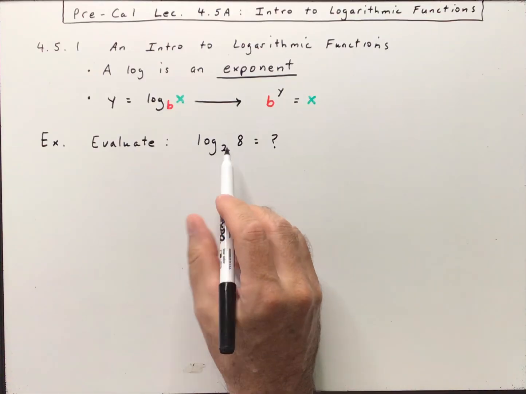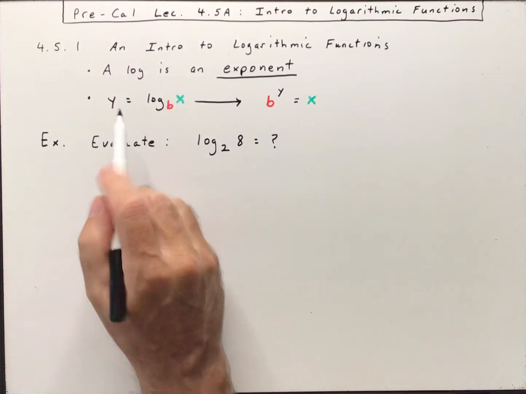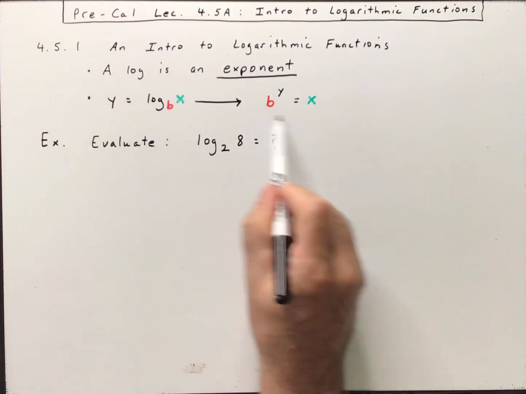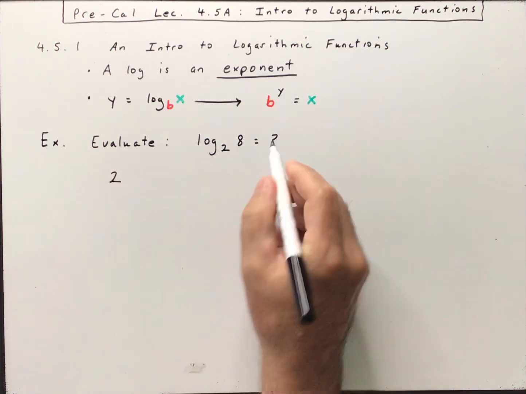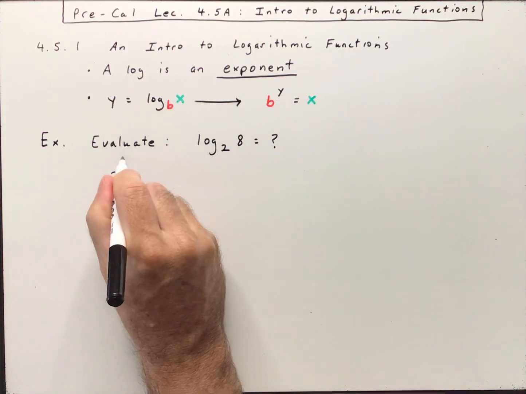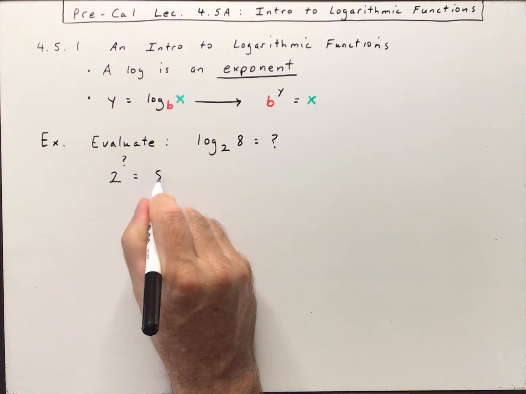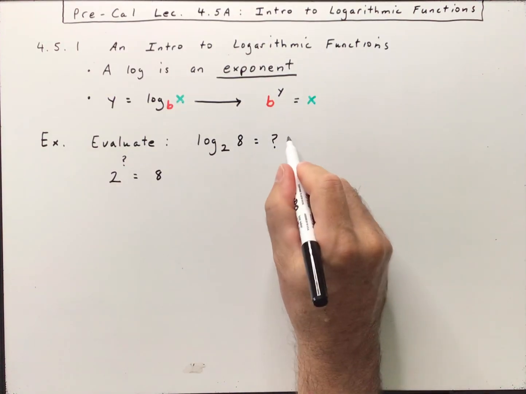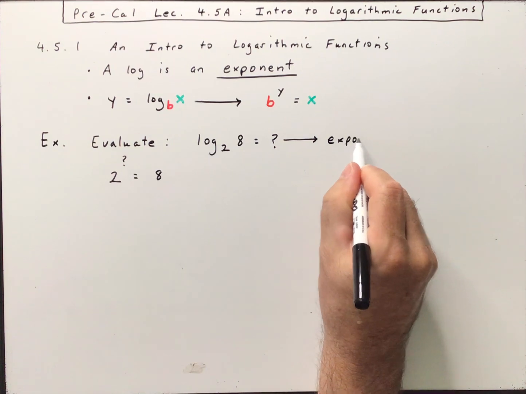So the way that you rewrite this as an exponential equation, what you're used to, is 2, the base, to the question mark, the exponent, is equal to 8. So when we say a log is an exponent, that is the exponent.